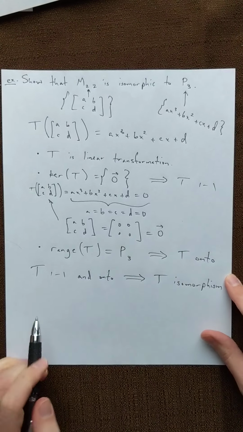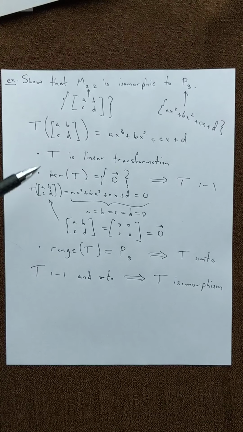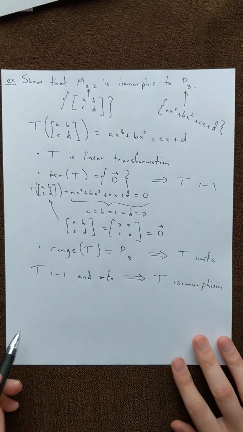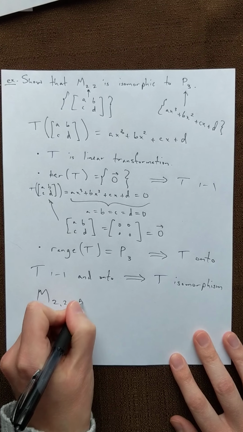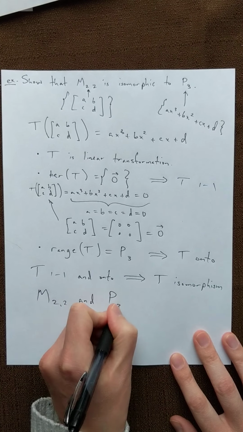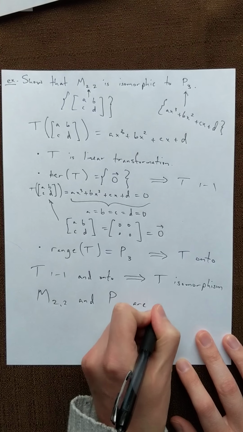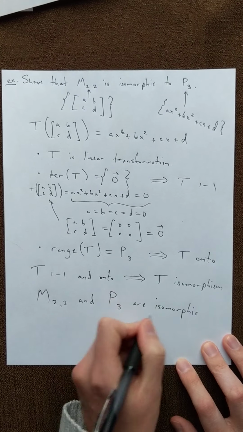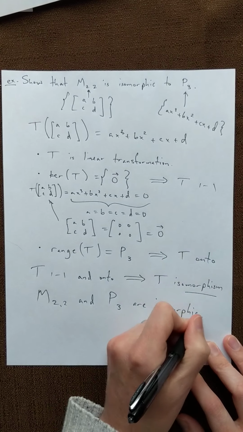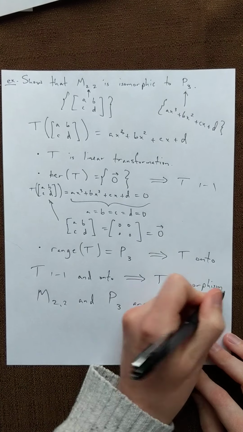Sorry, T also has to be a linear transformation, but we did write that down. And that means that M22 and P3 are isomorphic. And so in some sense, they're doing the same thing, or they're equivalent to each other.